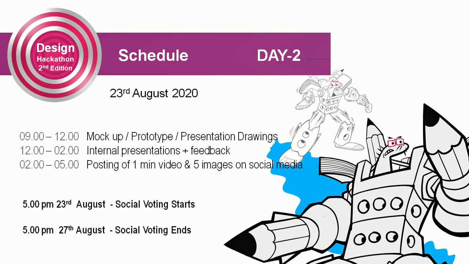The day 2 starts at 9 o'clock, and during which you can start working on your mock-ups, prototypes, or presentation drawings and prepare the final outcomes, and by 2 o'clock you will be ready with one video and 5 images to be posted on the social media, and we will be using this social media for rating and sharing of your ideas with your family and friends.